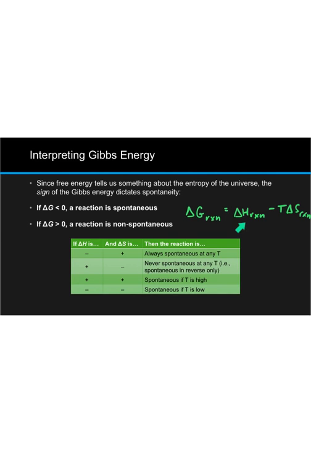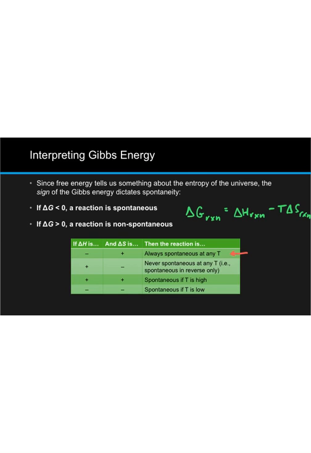If delta H is negative for an exothermic reaction, and delta S is positive, then a negative number minus a positive number will always result in a negative result, meaning that delta G will always be negative anytime delta H is negative and delta S is positive. Therefore, a reaction that has an exothermic delta H and a positive delta S will always be spontaneous.